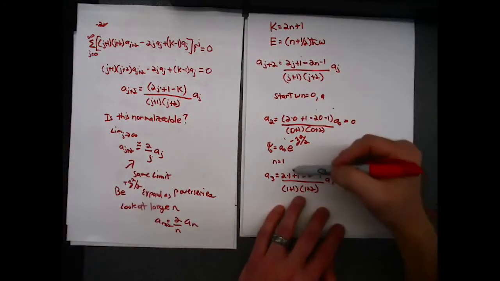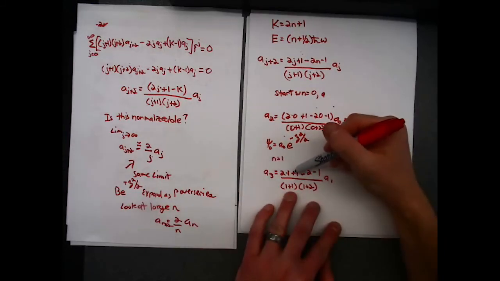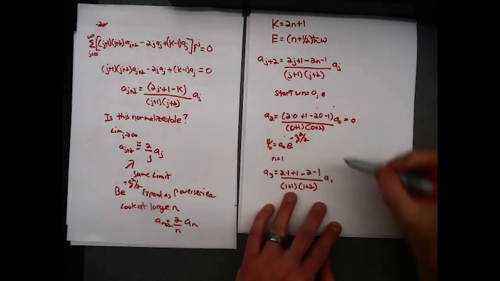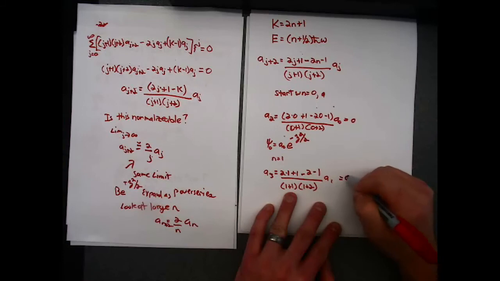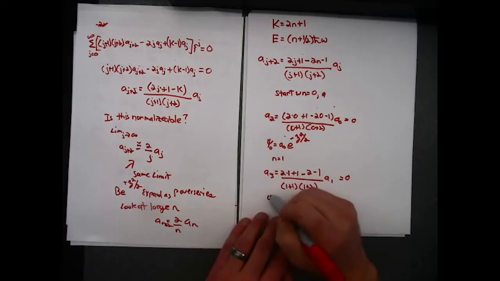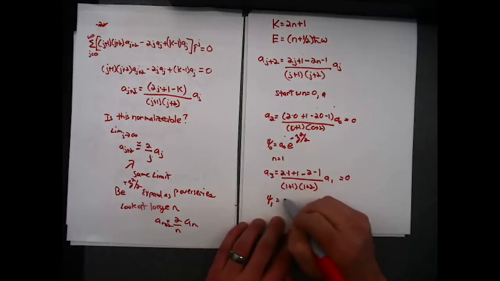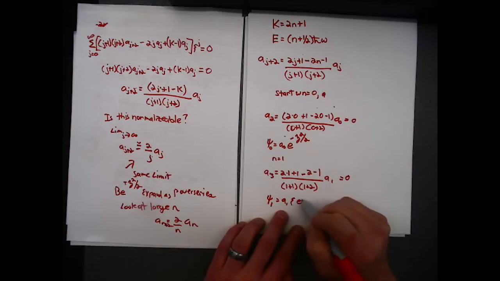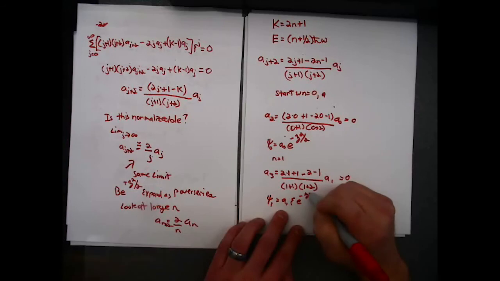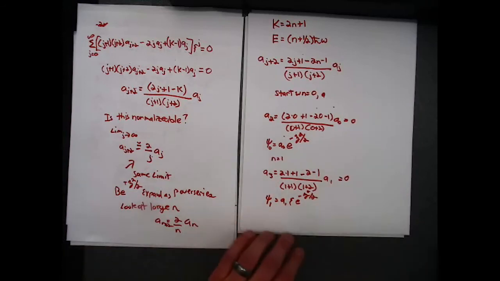So let's plug this together. We have 3 minus 3, 0, and so psi 1 would be equal to a1 c e to the minus c squared over 2.